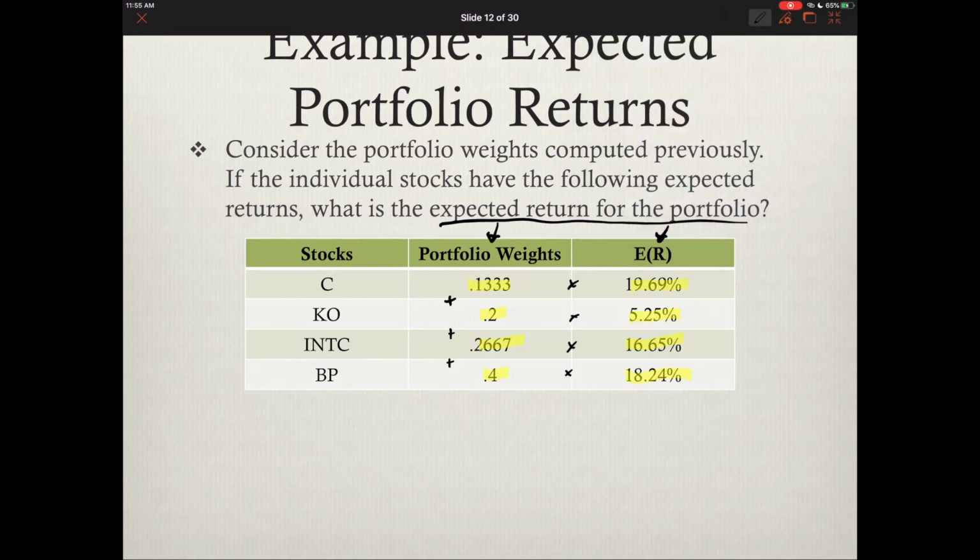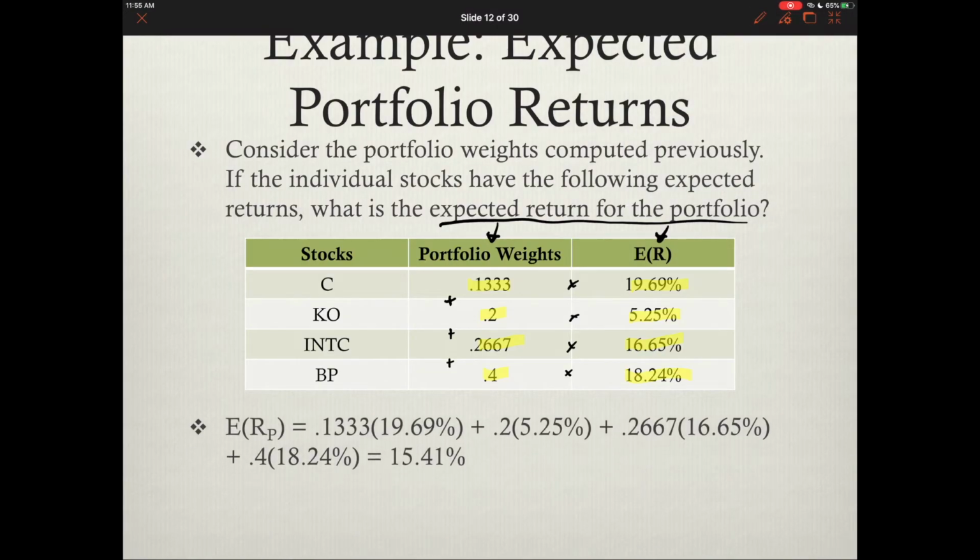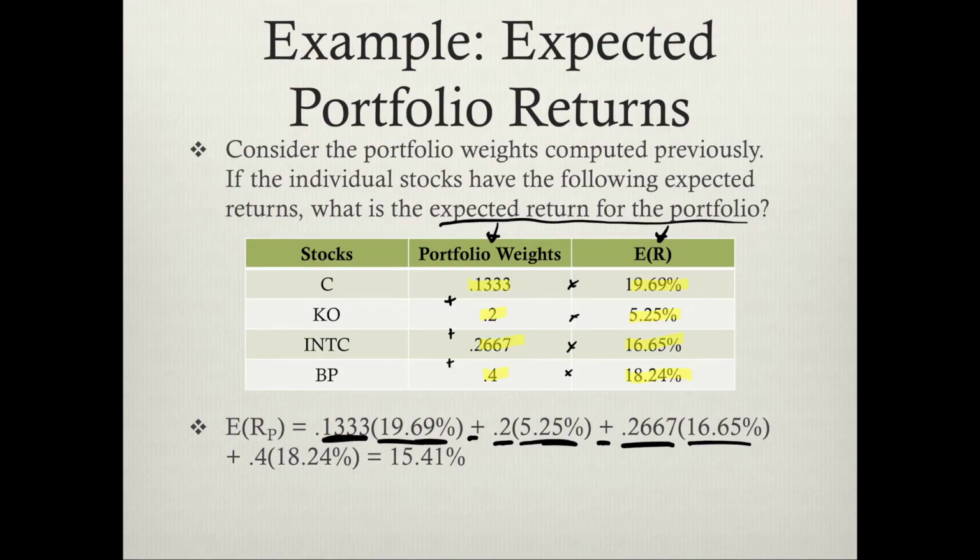We get this weighted average, where in this particular scenario the expected return of the portfolio would be 15.41%. So as you can see, we've just taken weight multiplied by return plus weight multiplied by return plus weight multiplied by return. That is calculating an expected portfolio return. We'll combine all of this in an example upcoming.